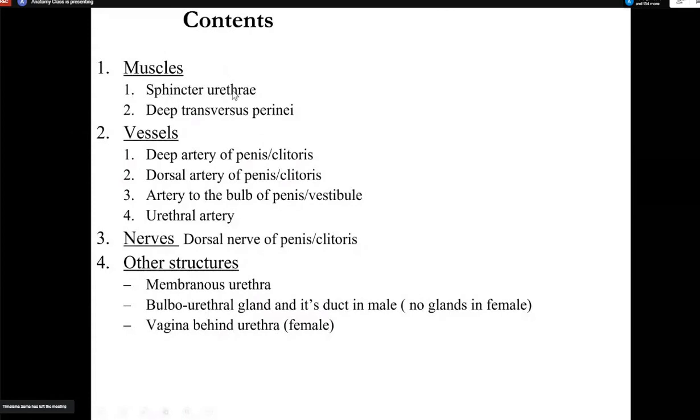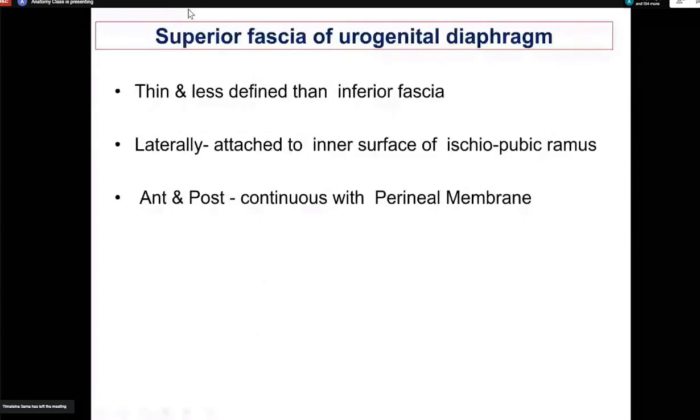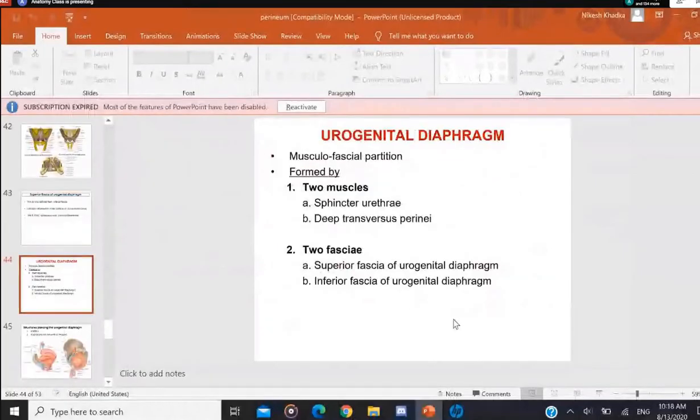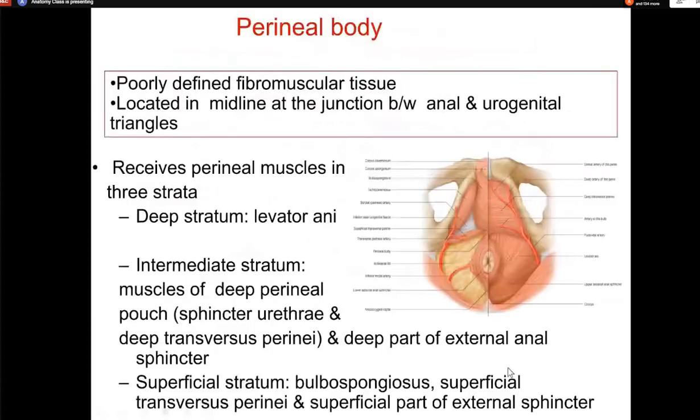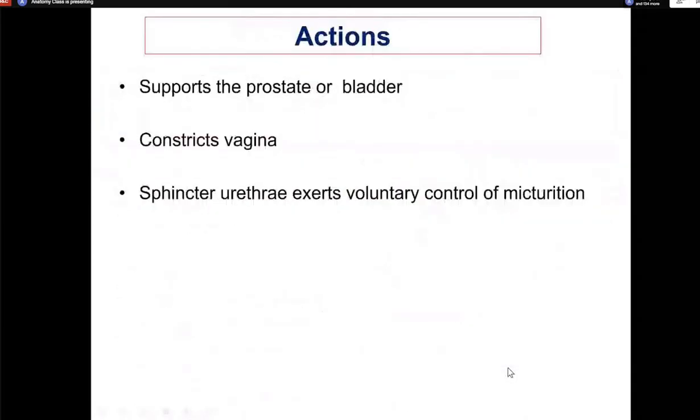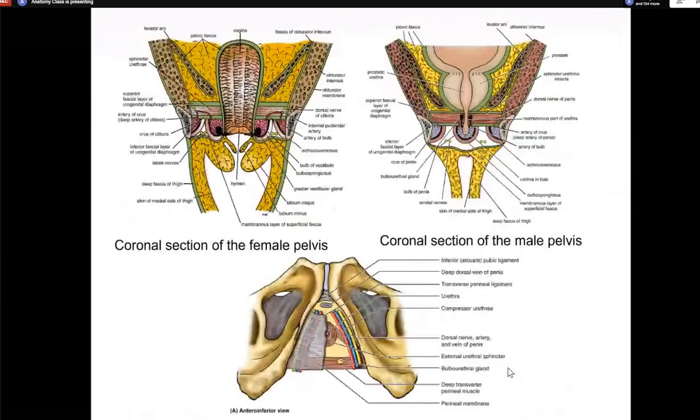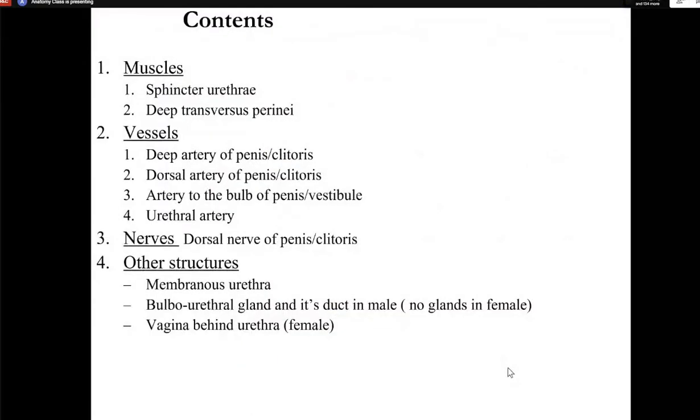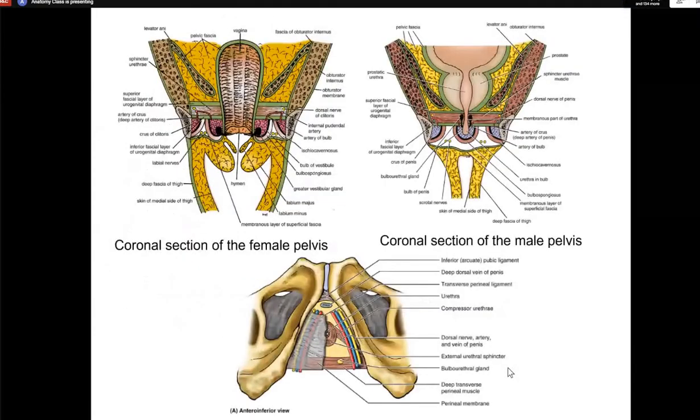So the muscles we have are the sphincter urethrae and the deep transverse perineal muscle.